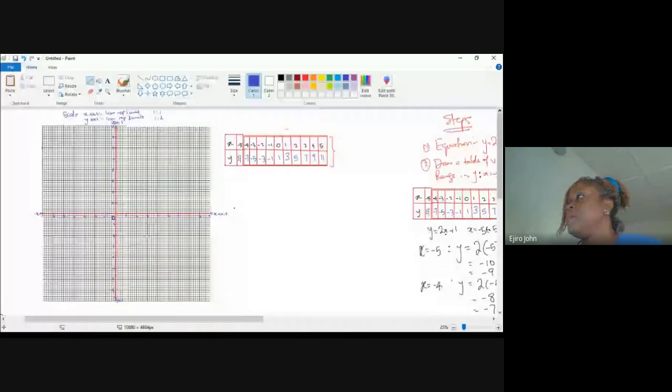So now it's time for us to plot the points. That is the next step.